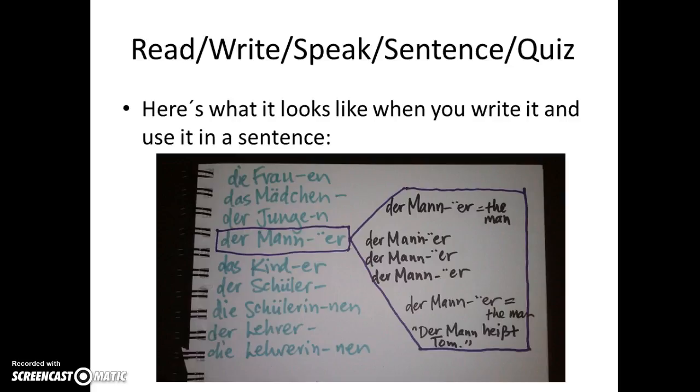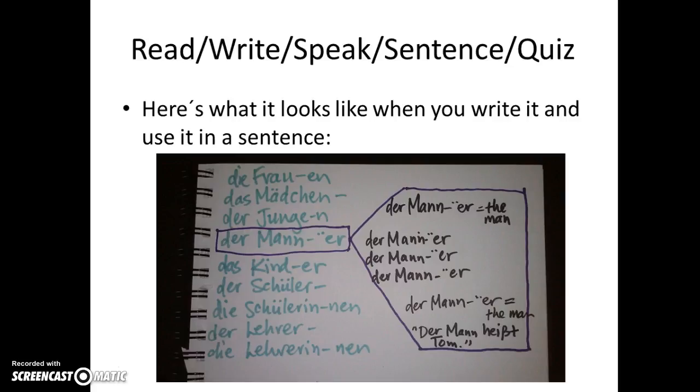I've got a list of German words from usually the first unit of a German class, and I chose to highlight the man, right? Where I'm showing you what this would look like if you were studying it. So I'm picking the word the man, der Mann in German.